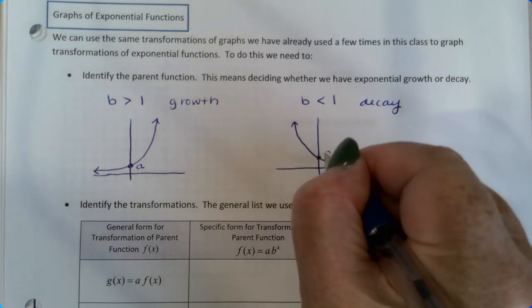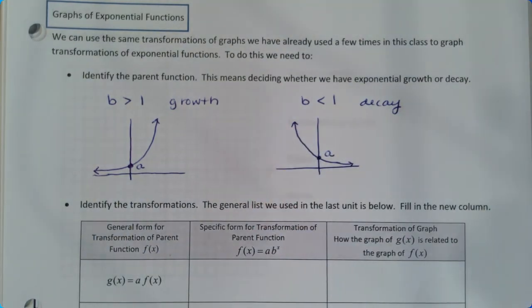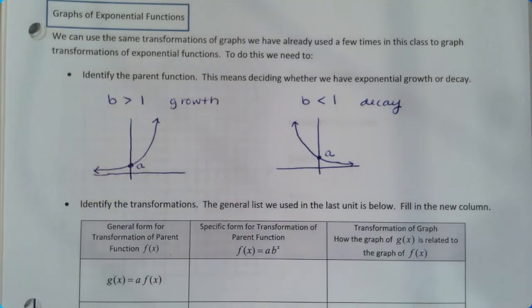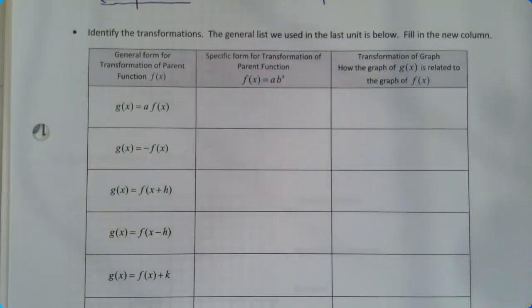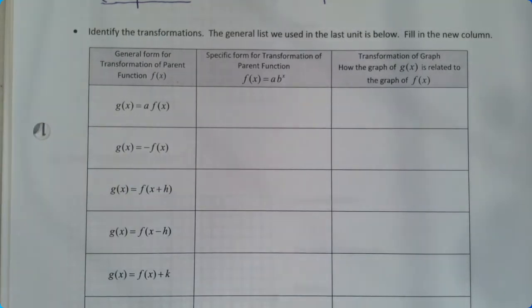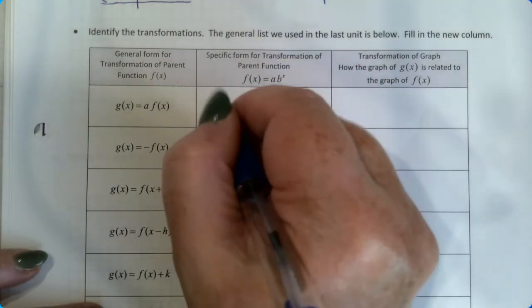Again, where the a value is the y-intercept. So one of those is going to be the parent function each time. And I can tell which one just by looking at the b value and whether it's bigger than 1 or smaller than 1. After that, all of my same transformations that we've seen before are going to work. So if I have a multiplier in front of it, that's really just a vertical stretch. This happens all the time.